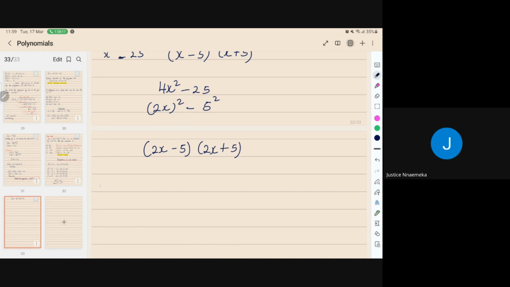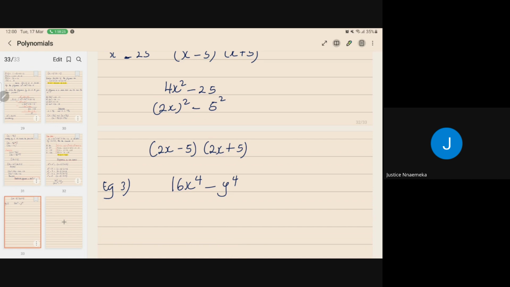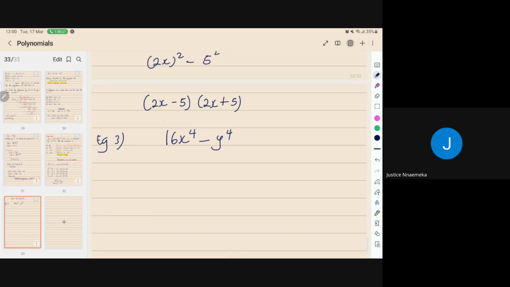Another example now. You can have something like 16x to the power of 4 minus y to the power of 4. We can actually do something here. We can break this down into (4x squared) squared minus (y squared) squared. Something is carrying a square, and you're still squaring it again.